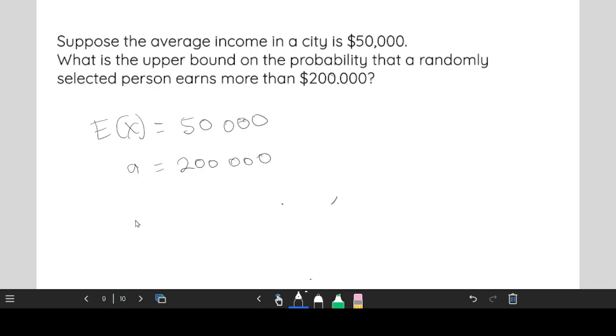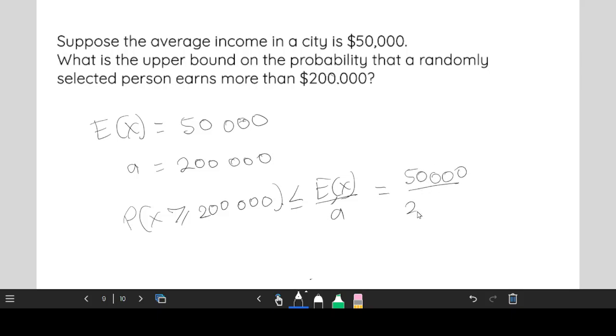So the probability of x being asked, the probability of x greater or equal to 200,000, will be less or equal to the expectation of x over a, which is giving us 50,000 over 200,000, which is equal to 1/4, which is 0.25.